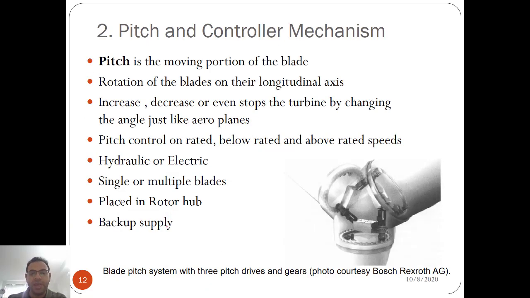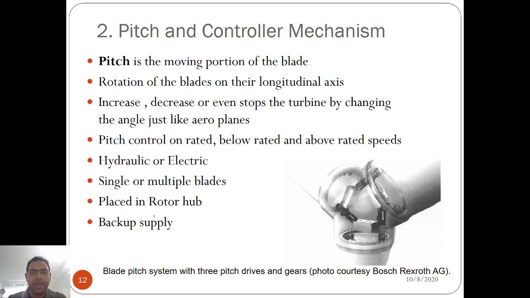So this pitch mechanism controls the angle. By controlling the angle, we control the speed on the top and bottom surface, and by controlling the speed, we control the pressure, and by controlling the pressure, we can change the conversion ratio from kinetic energy to rotational energy. But how do we change this angle?